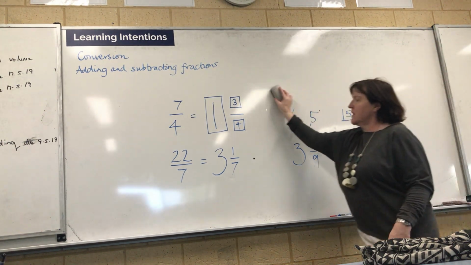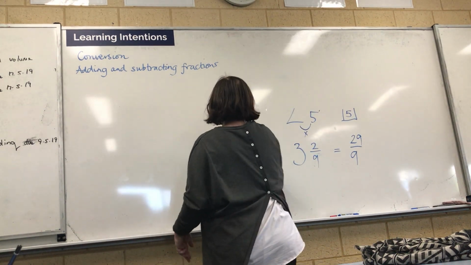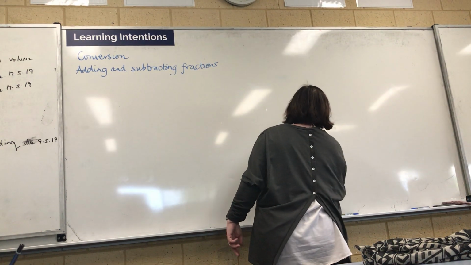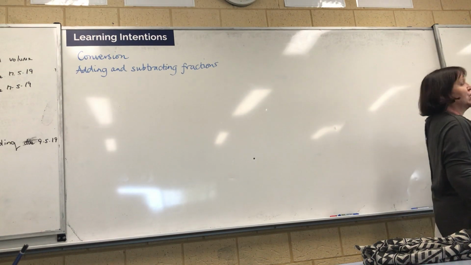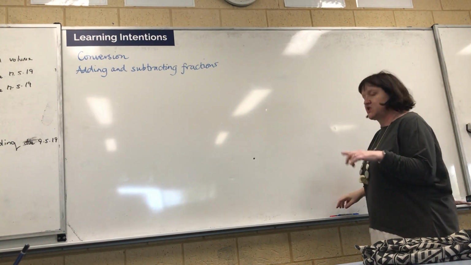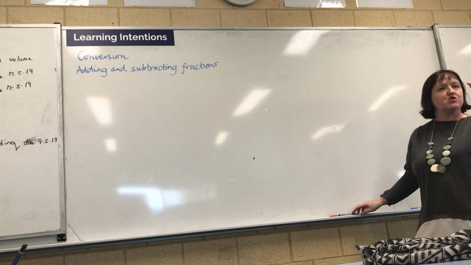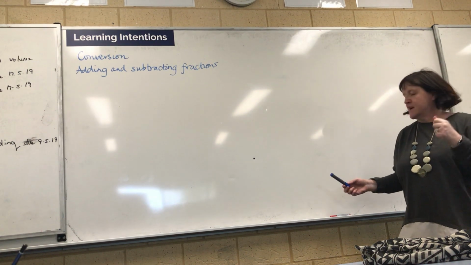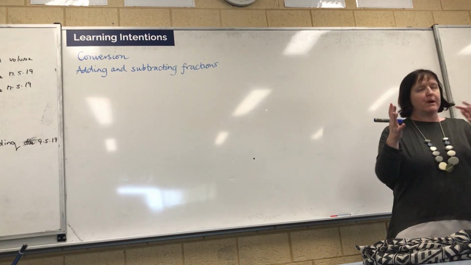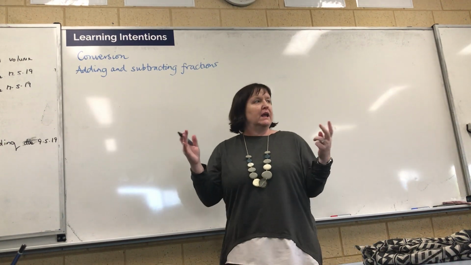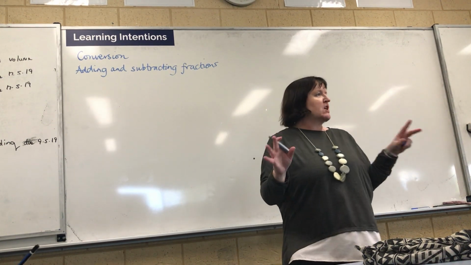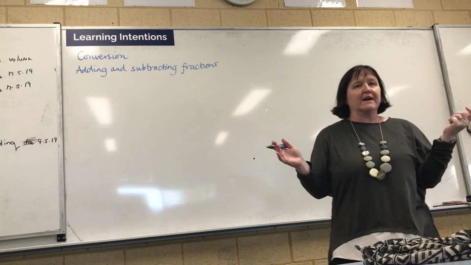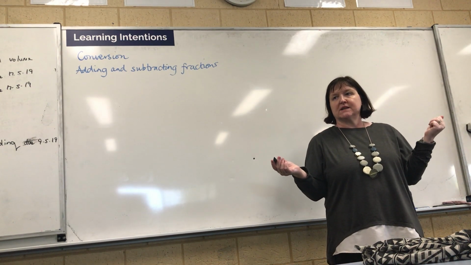So, the one good thing about addition and subtraction is that once you know how to add, you know how to subtract as well, as long as you remember to subtract the 2 numerators, not add them. I have had students add them by mistake. I'm assuming, and I won't go over it, that you know how to add fractions with the same denominator.